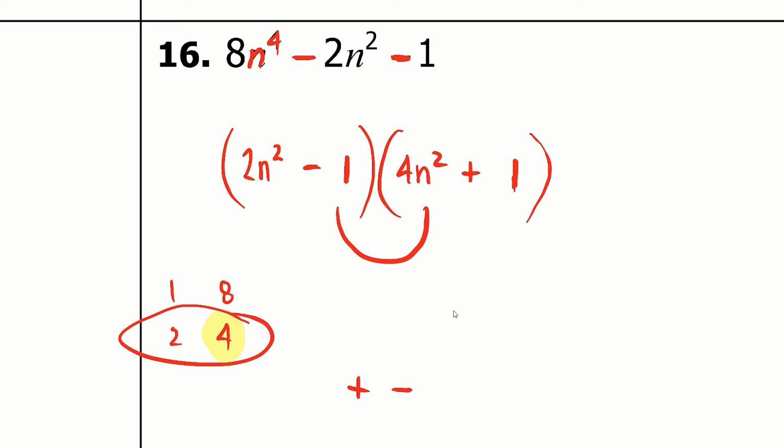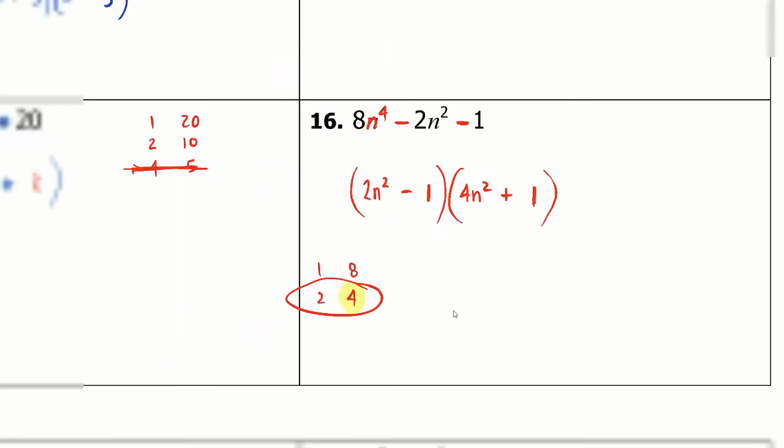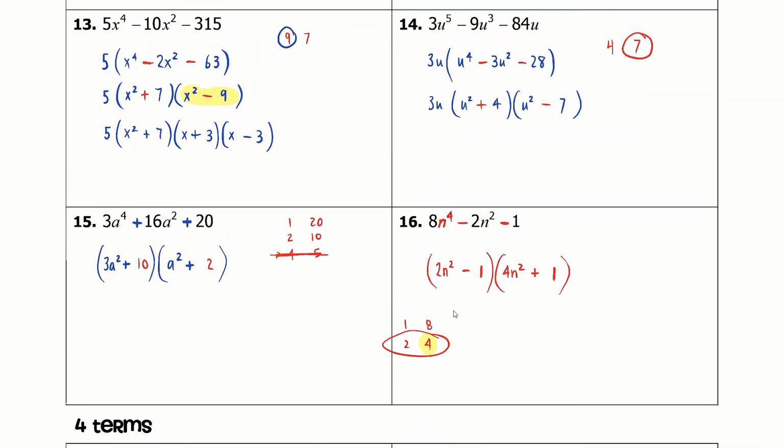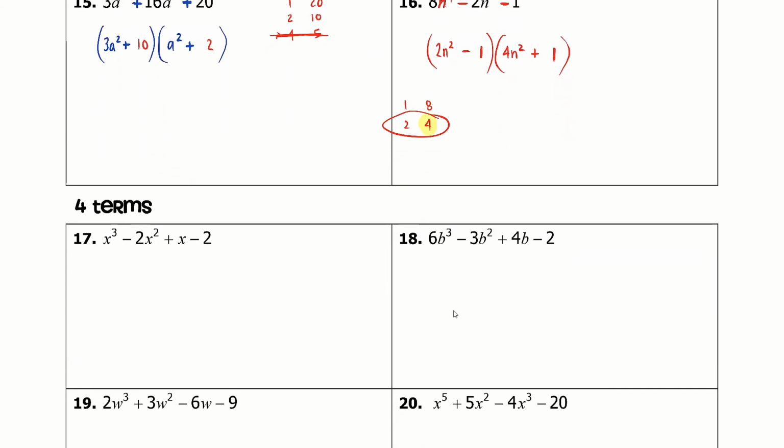So this is going to be plus, which means none of these will factor any further. 2n squared minus 1, those are not difference of squares because 2 is not a perfect square. And the other one's not a difference of squares because it's not a difference. Even though they're both perfect squares, the sign is a plus, so we can't break it down. So anyways, that is factoring with 3-termed polynomials.